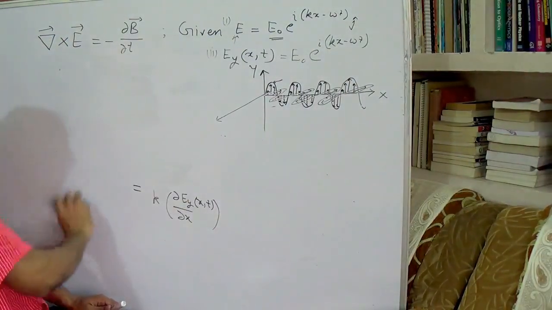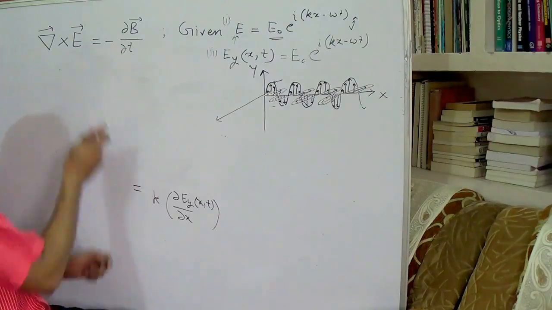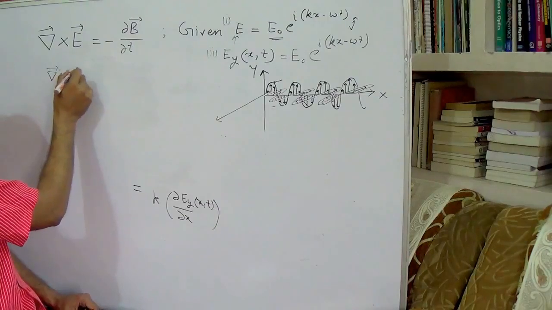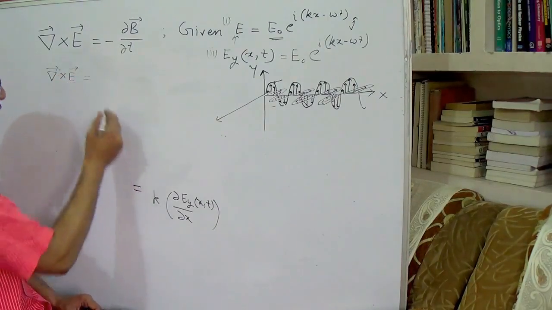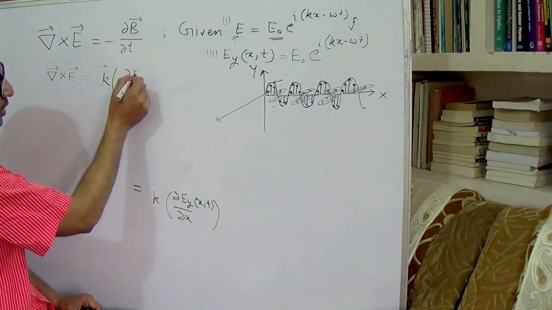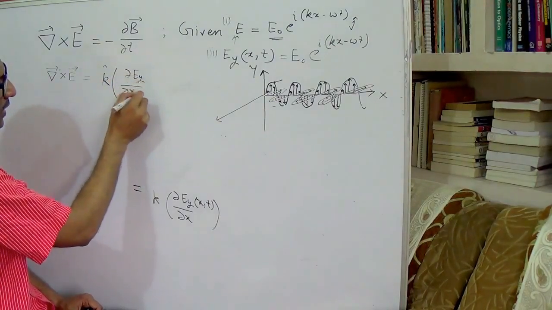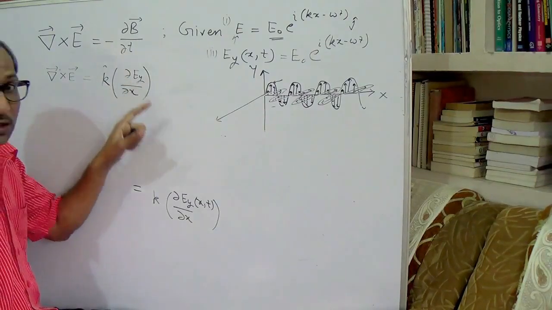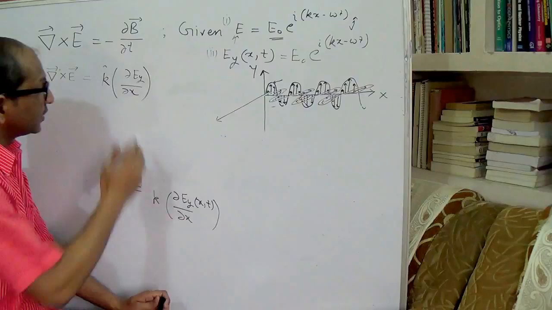So del cross E is equal to unit vector k del Ey upon del x, where Ey is a function of x and t.